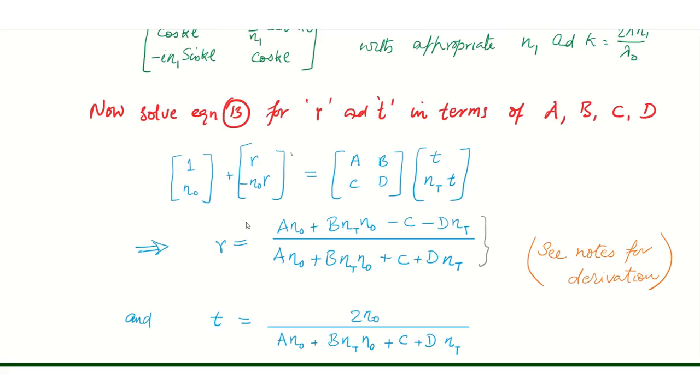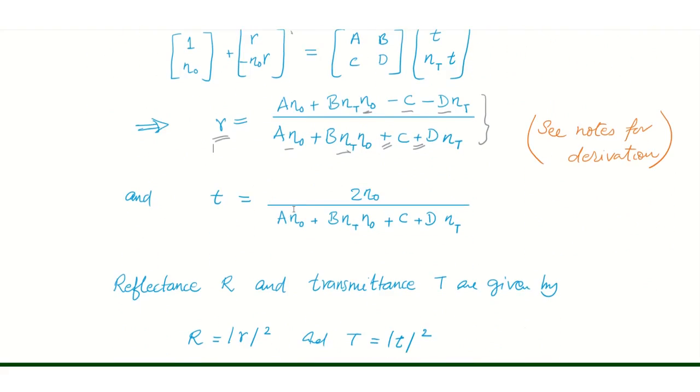All these terms are the same, except the sign changes to plus in the denominator, which means the denominator is always higher, so R is always less than 1. And for T, it will be like this, 2n0 divided by the same denominator.